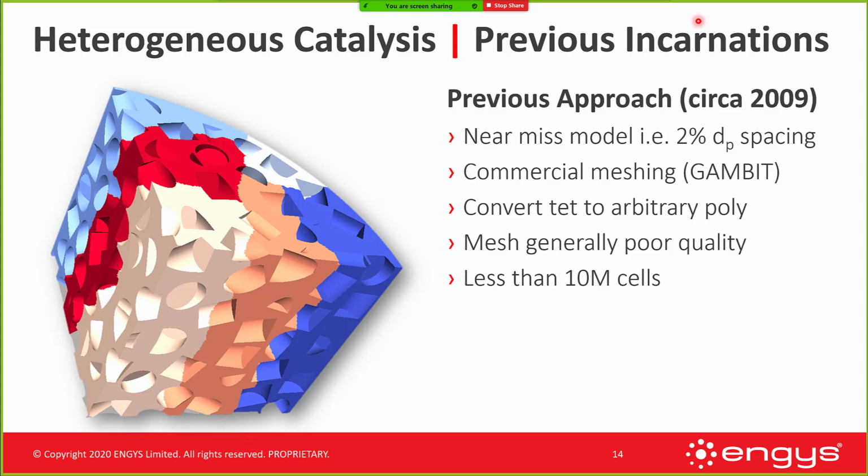It's completely different than a cut cell approach that people might be familiar with in other commercial codes. But with Gambit, I generated tetrahedra, and then those were converted to arbitrary polyhedra. In general, the mesh was very poor quality. The size of these cases was less than 10 million cells.